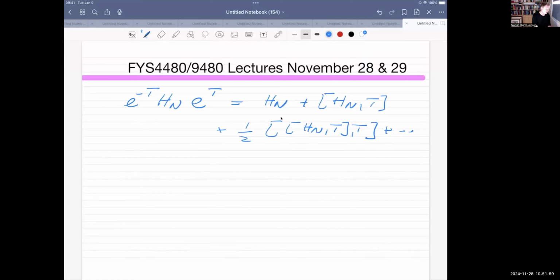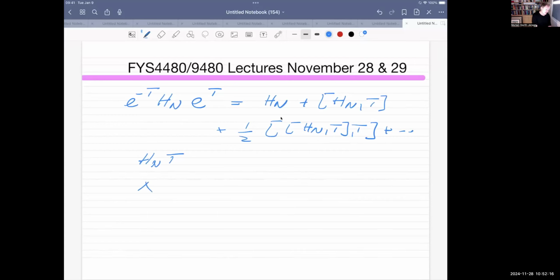So what we are going to need now is a set of rules by which we can set up these contributions to the energy. We are going to plug this into the calculation of the correlation energy.